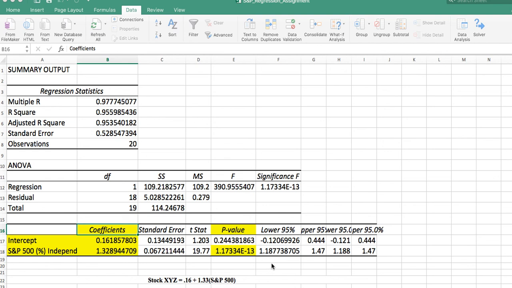If the S&P goes up, say 0.5%, I would solve the equation: 1.33 times 0.5 plus my intercept would give me what I forecast my stock XYZ should do.